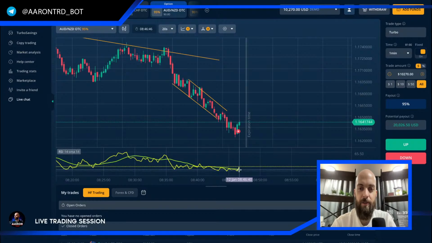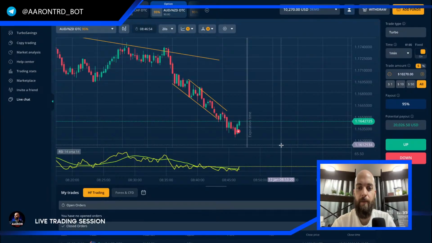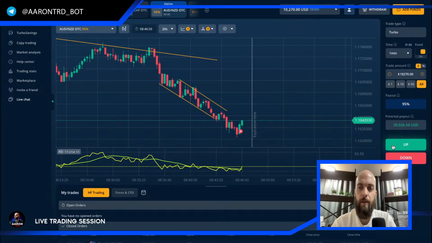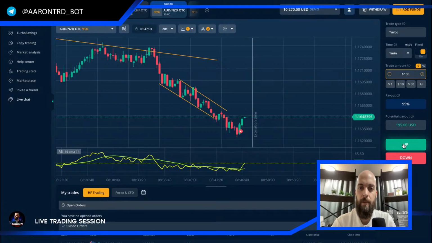But we got our signal here where momentum seems to be leveling out. Price stretched down. That's still a good signal. I think we'll still be okay with an up.